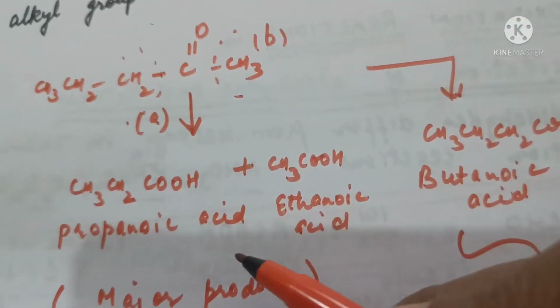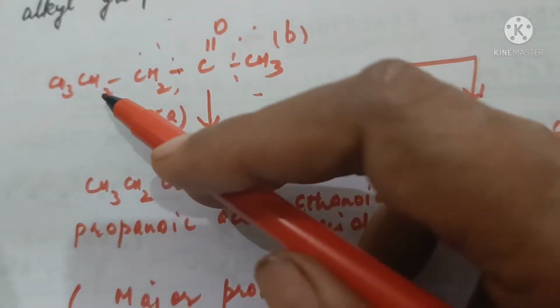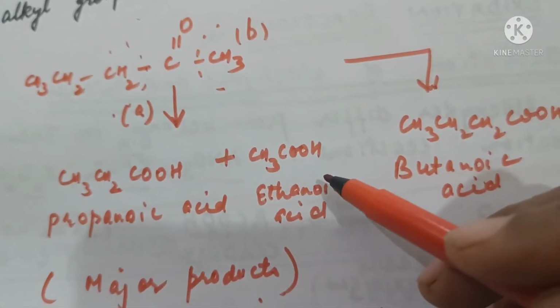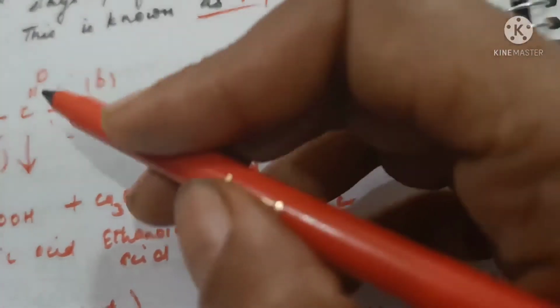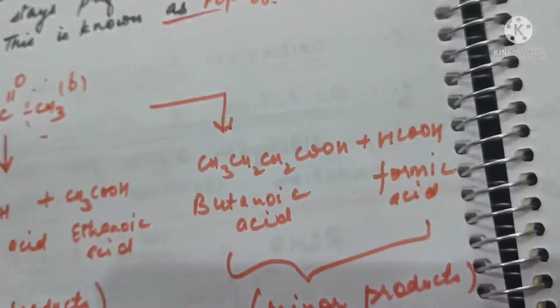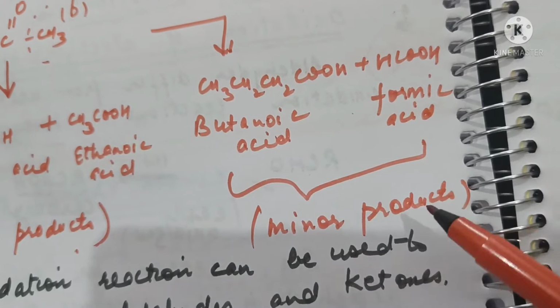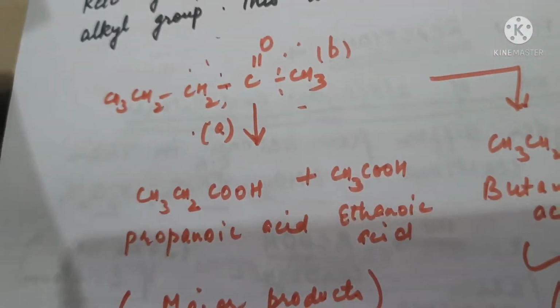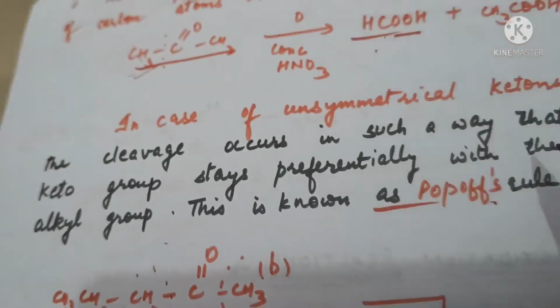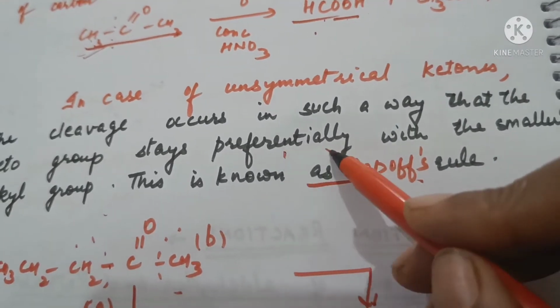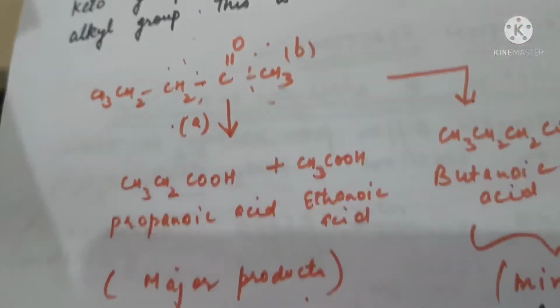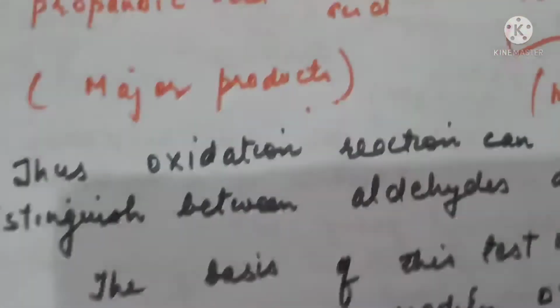This option will give the major products, propanoic acid and acetic acid. On the other hand, breaking from here results in butanoic acid and formic acid, and the products will be in lesser amounts. So according to Popov's rule, the keto group stays preferentially with the smaller alkyl group.